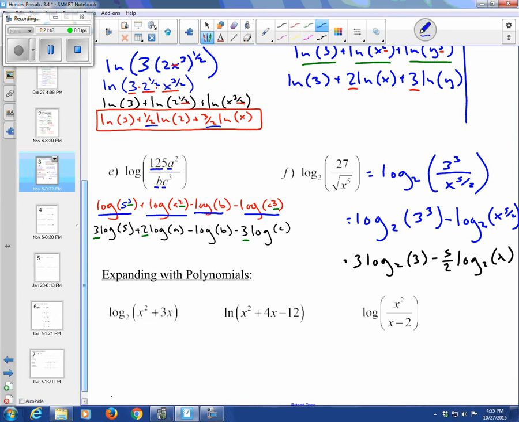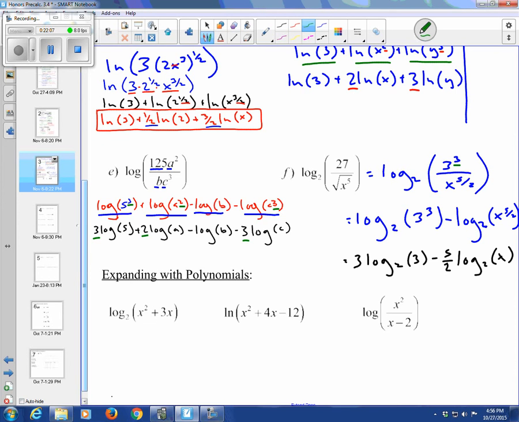Our final expansion right here, log base 2 of 27 over the square root of x to the 5th, is going to take some simplifying first. I went ahead and made that 27 3 to the 3rd power inside the logarithm first, instead of expanding it out like we did with the 125 and then making it a base to a power.